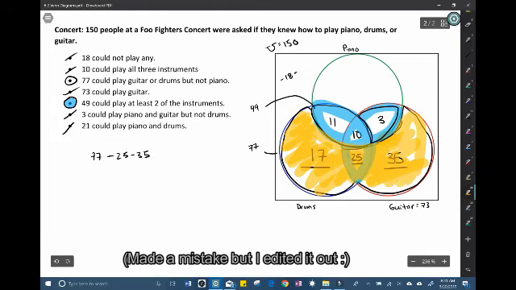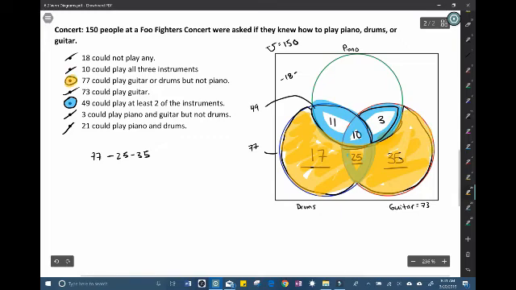So, you might make a mistake. You just need to go back and realize what you are doing. Anyway, the only piece we're missing is right here. Again, the whole thing's 150, so let's subtract all the pieces. 150 minus 18, minus 11, minus 10, minus 3, minus 17, minus 25, minus 35. Boom, 31 is left there.